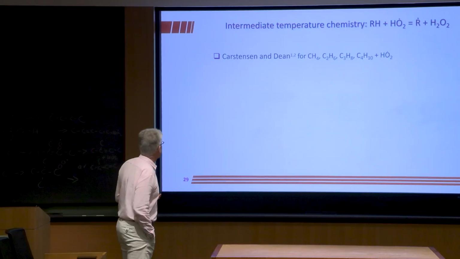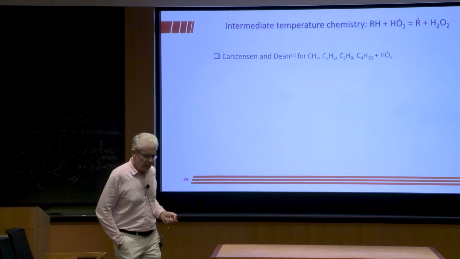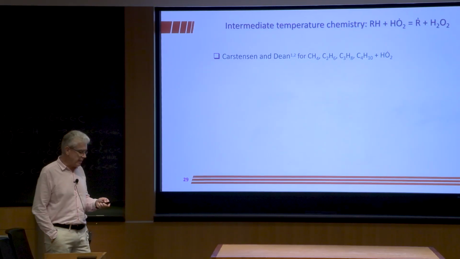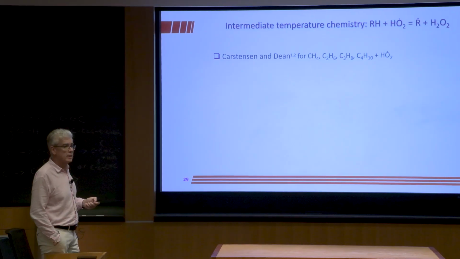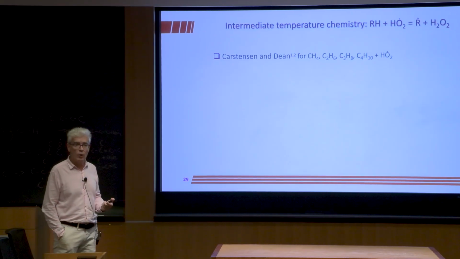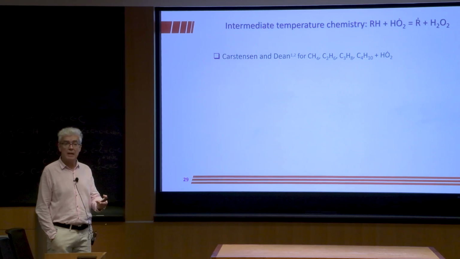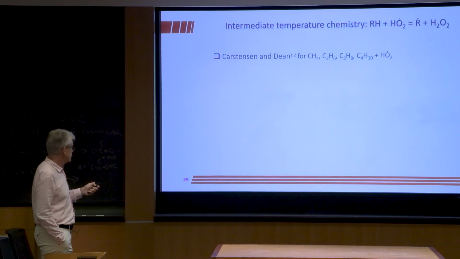So that's that, okay? But actually, up to recently, there hadn't been a lot of calculations of fuel plus HO2 reactions in the literature. They're not as well known, essentially because there's been very few experimental studies because you don't have a precursor for HO2, okay? You can't make HO2 is the problem.